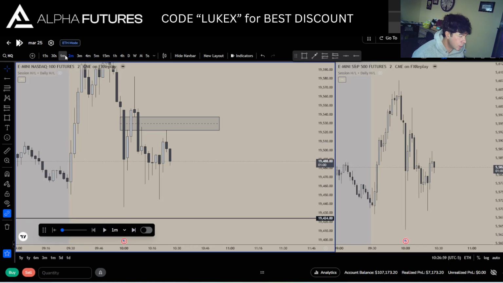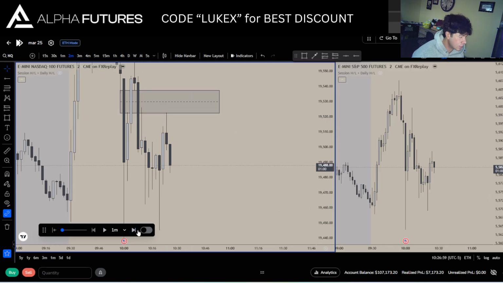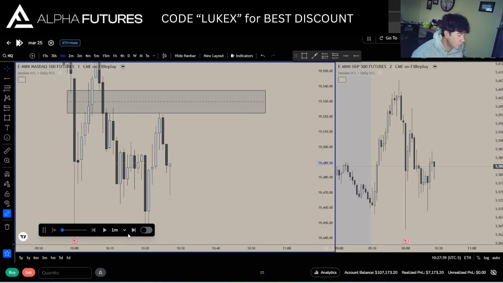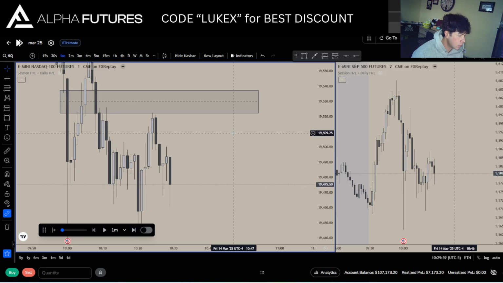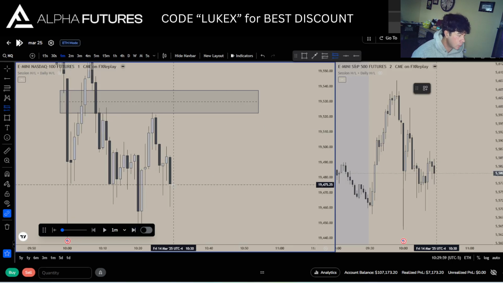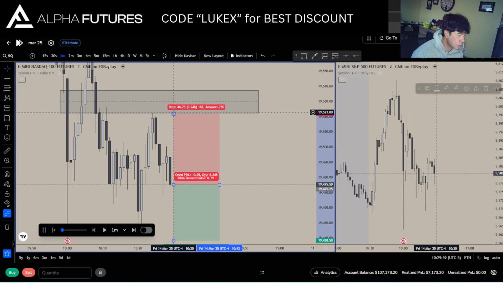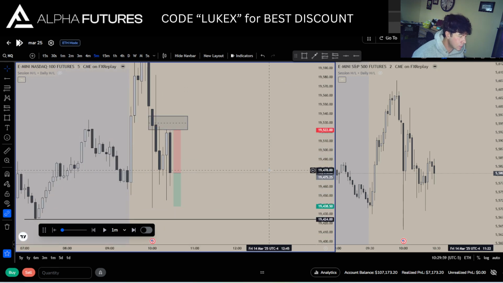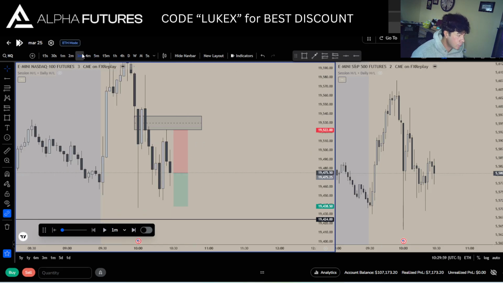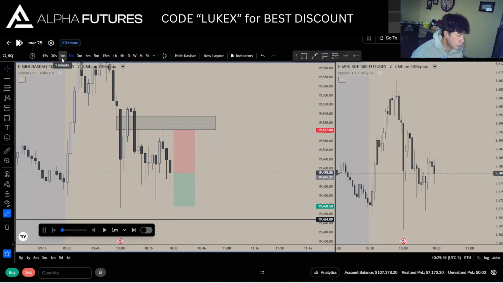1 minute, 2 minute. Let's see if we get that inversion. I don't like the close on that candle. Okay, let's see if we pull back here. 2 minute inversion.